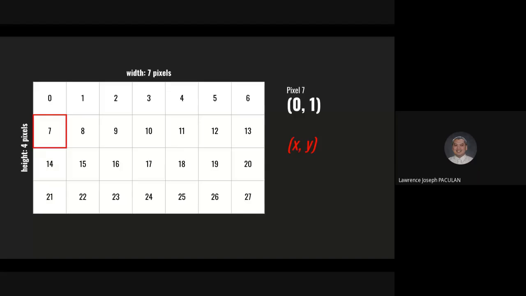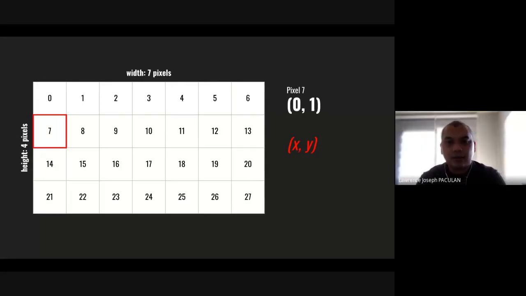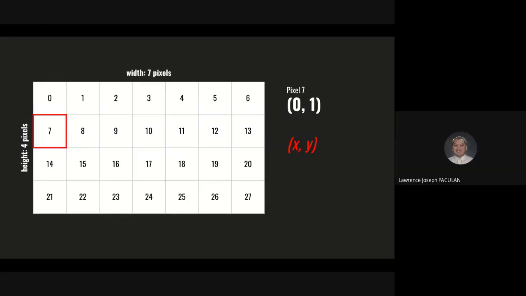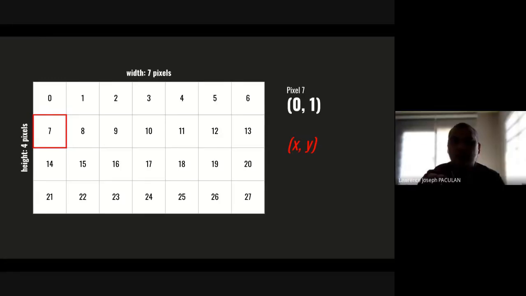Therefore, pixel 7 has a coordinate of 0, 1. These are important information for us to learn how we can go to a particular location of an image. Be mindful of the x and the y values.